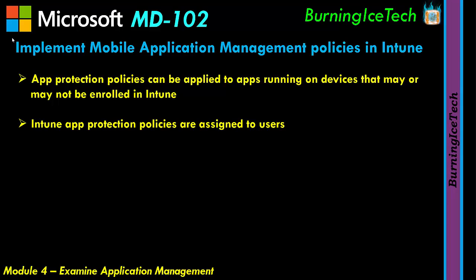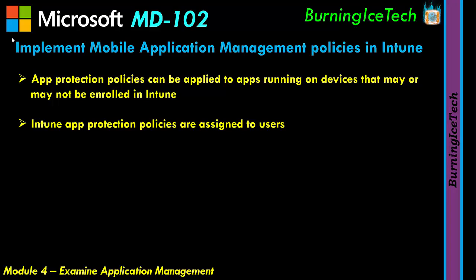So it's not based on the device, it's based on the user. Therefore, you can target an Intune app protection policy to either Intune enrolled or unenrolled iOS and Android devices. So it's got nothing to do with whether the devices are enrolled or not. Since we're targeting the users here, guys, and not their devices, it doesn't matter if these devices are enrolled or not.